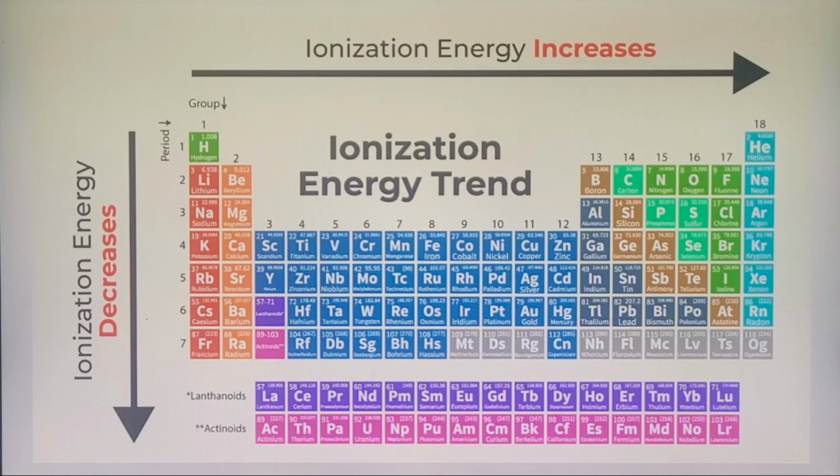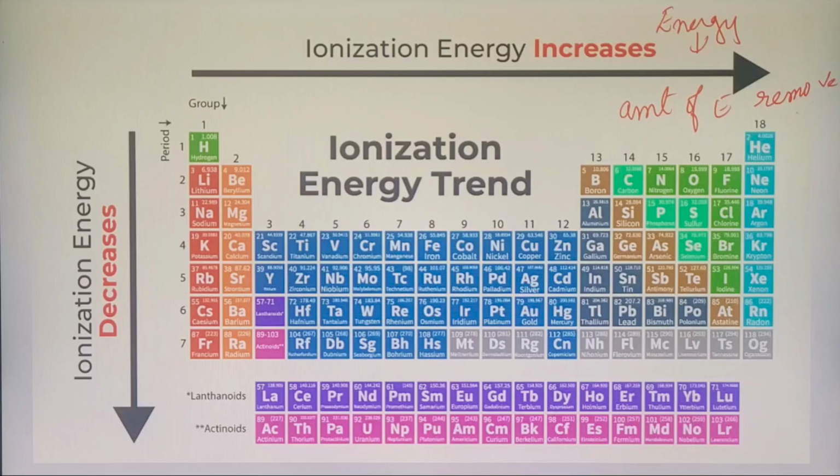Clear? Now one last question that is mostly asked in the periodic table. They will ask you which element in the whole periodic table has the highest ionization energy. Now you know, children, what is ionization energy? It is the amount of energy required to remove an electron.